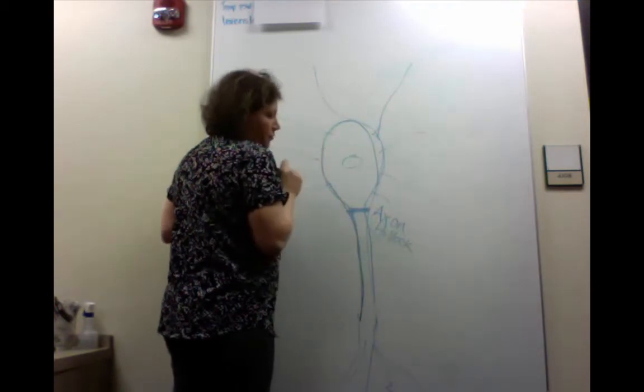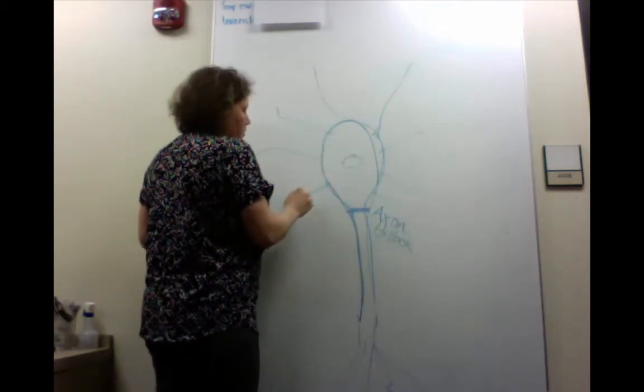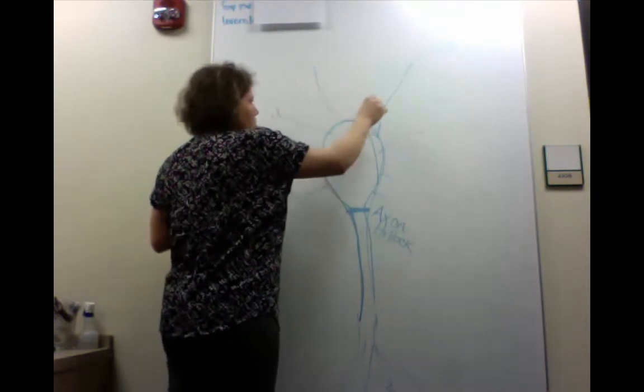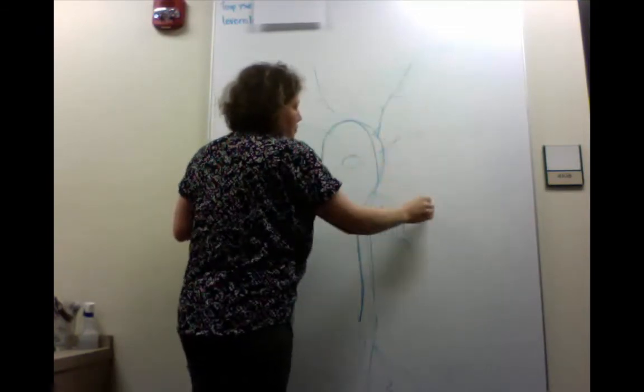This is the point, okay? And this is your cell body, and these are just some dendritic spines that make up your dendritic tree, all these branches here.